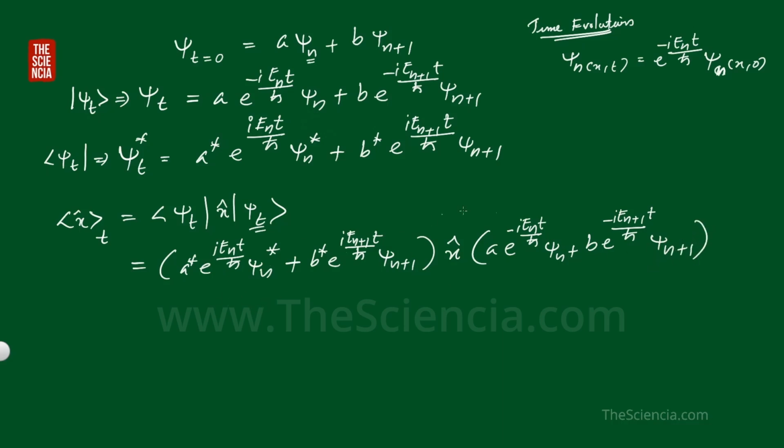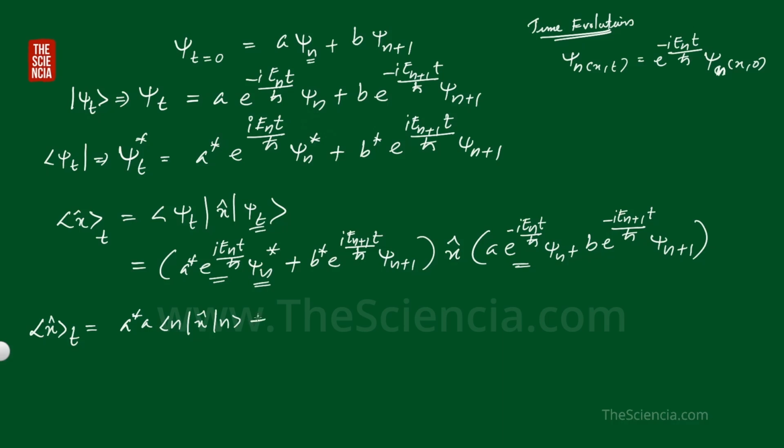So we can take the multiplication. The expectation value of x at time t equals a* a, and here e^(iE_n t/ħ) is there and here e^(-iE_n t/ħ). When we multiply these two terms, we get 1, and bra n x cap ket n. I am representing ψ_n* as bra n.